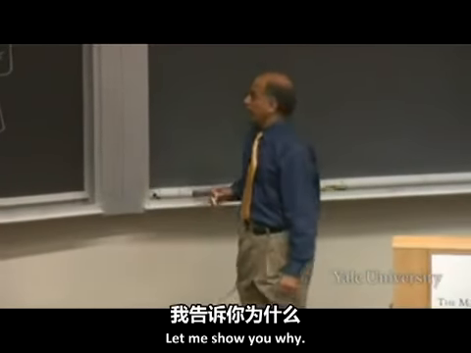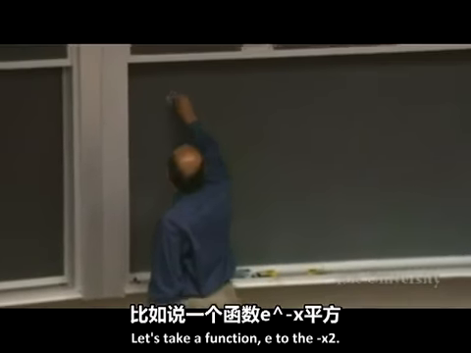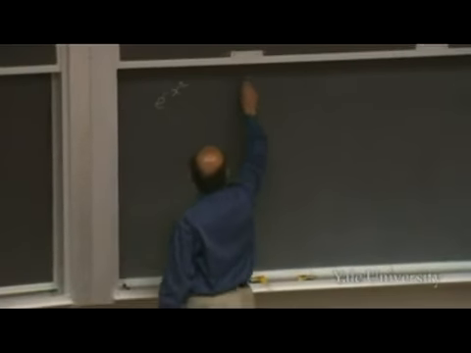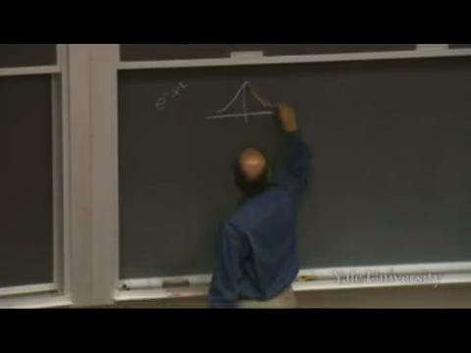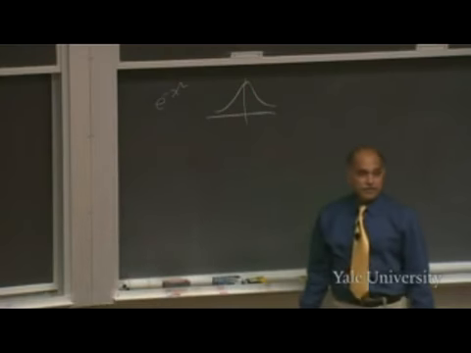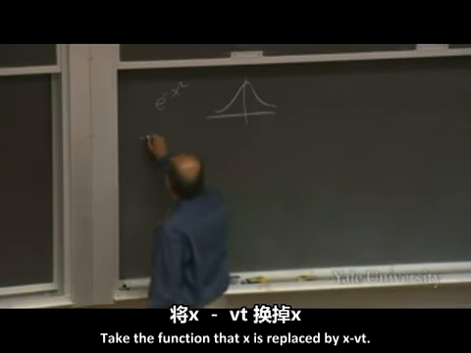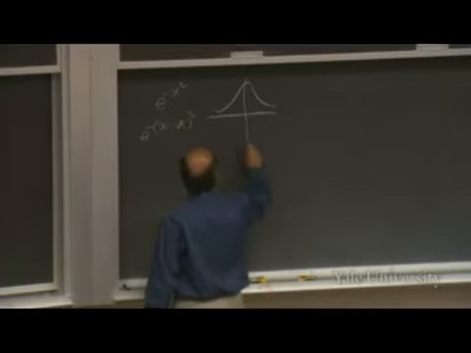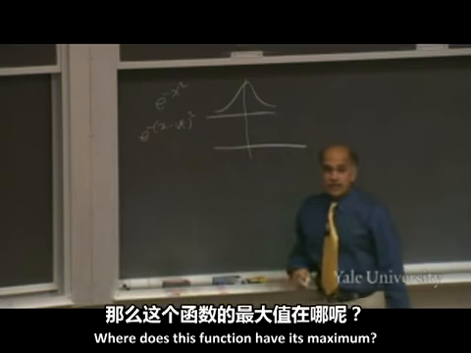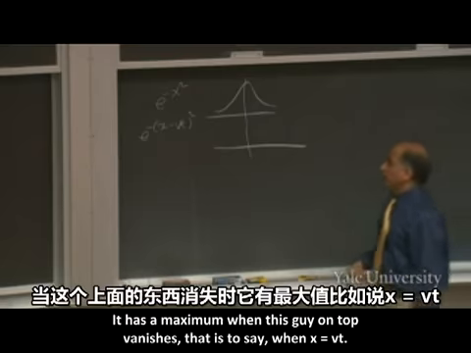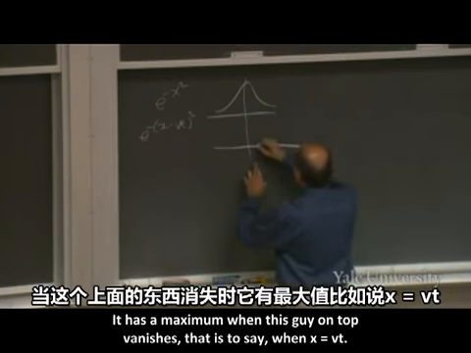Let me show you why. Let's take a function e to the minus x squared. You must have seen this function in statistics. It looks like this. It likes to have x equal to 0. Take the function where x is replaced by x minus vt. Where does this function have its maximum? It has the maximum when this guy on top vanishes, that is, when x equals vt.